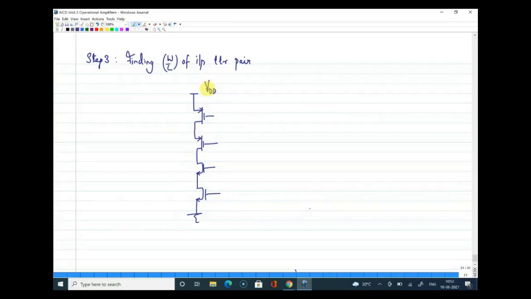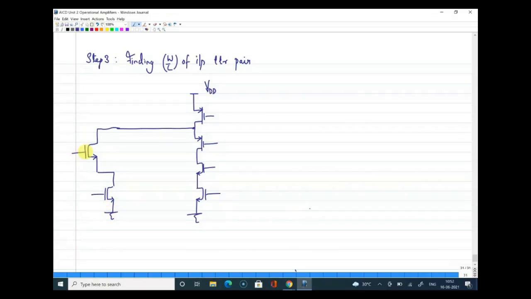And from this point we have the input transistor, and then from there I have the tail current source transistor.